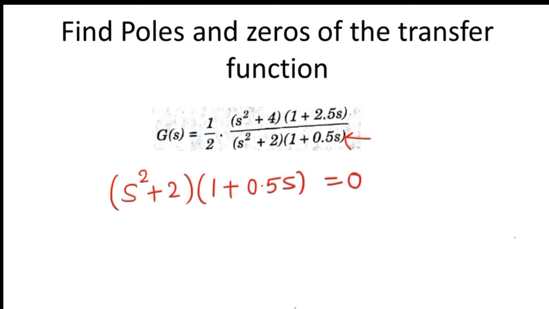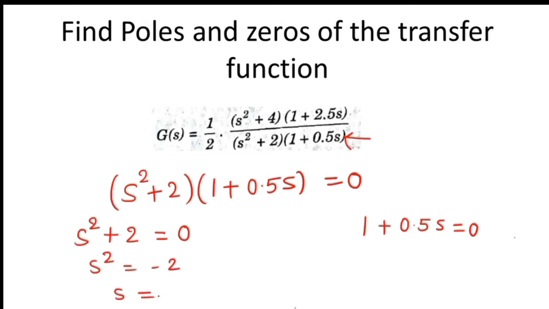Here we have two different factors, so s square plus 2 is equal to 0 and 1 plus 0.5 s is equal to 0. s square is equal to minus 2, s is equal to plus or minus j root 2. Here 0.5 s is equal to minus 1, s is equal to minus 2. So, s is equal to minus 2 and s is equal to plus or minus j root 2 are known as poles of the transfer function.